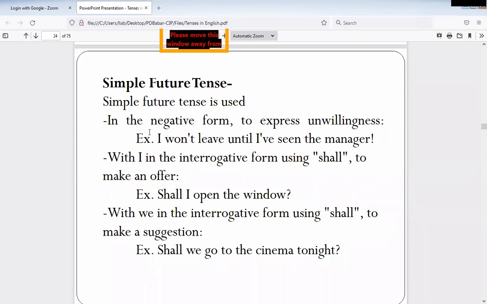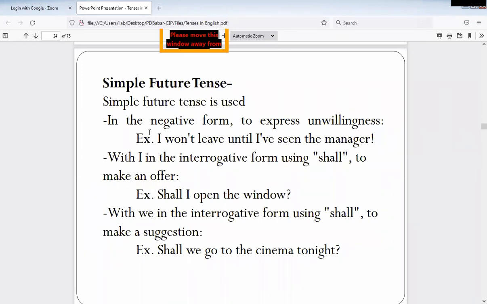So for making an offer, for giving an offer, we use shall. For example, shall I open the box, or shall I open the window? This is the giving of an offer. This is the making of an offer.